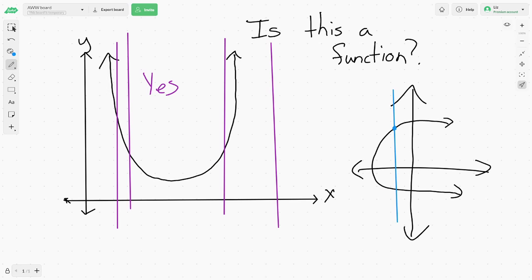So this one here is not a function. Not a function.